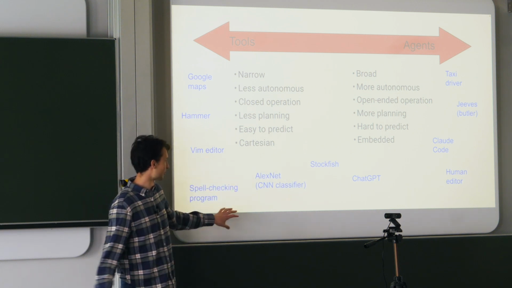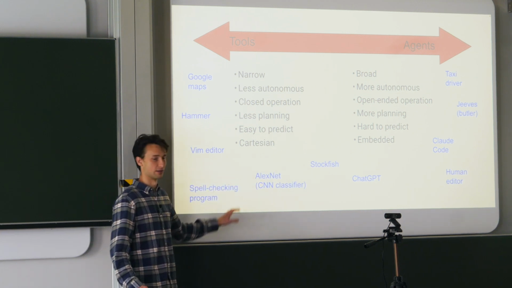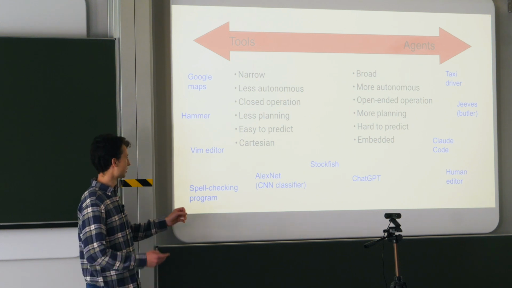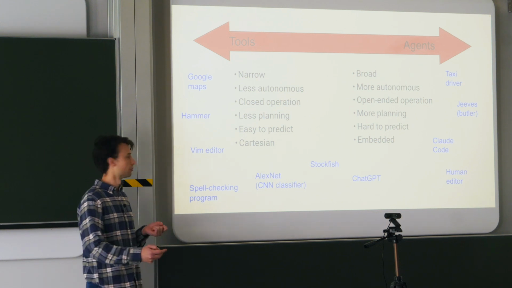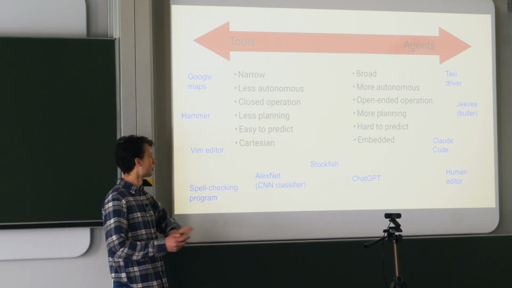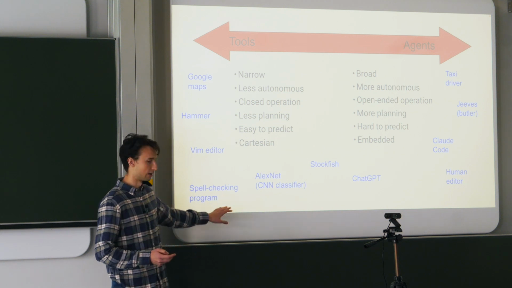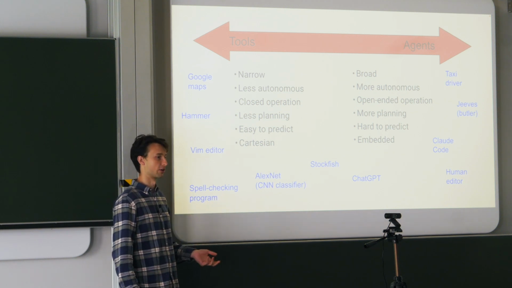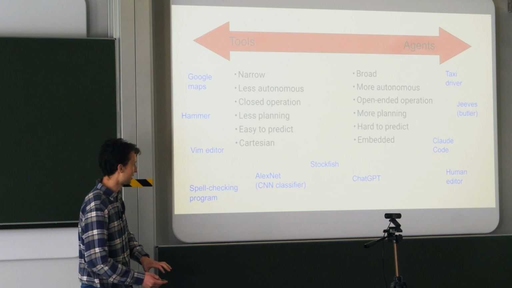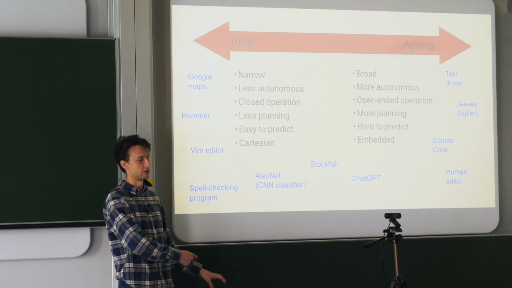Maybe in the middle here, I've got some machine learning systems which are somewhat ambiguous on this tool-agent spectrum. An image classifier is very narrow in scope, even if it's very sophisticated. And again, this chess engine is very narrow in scope.